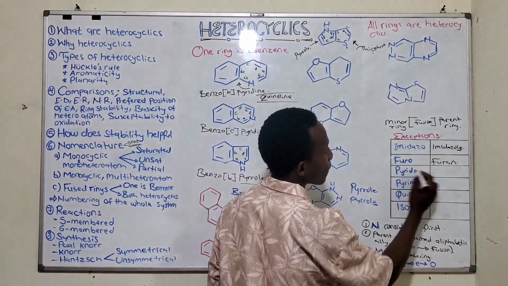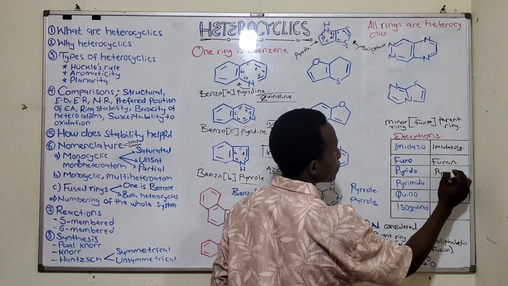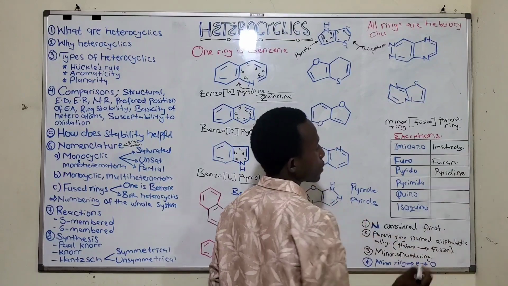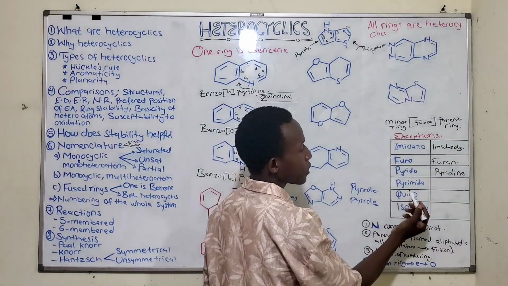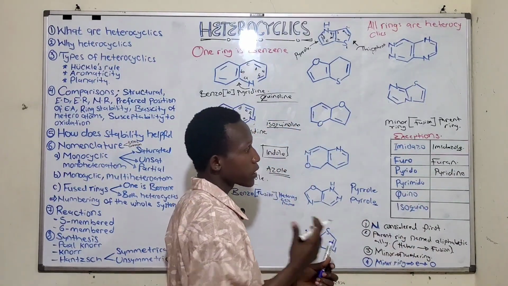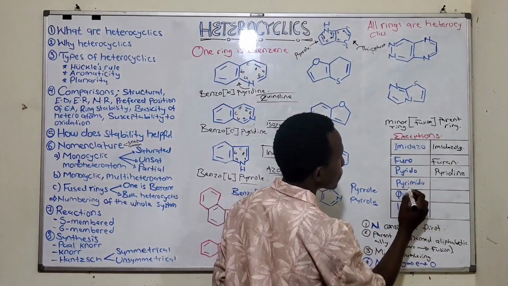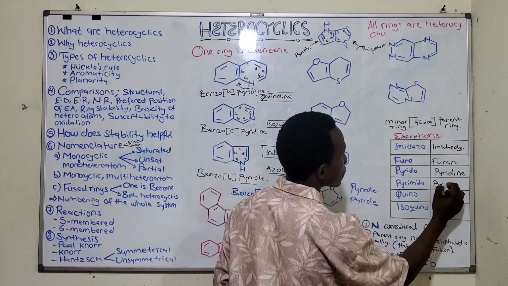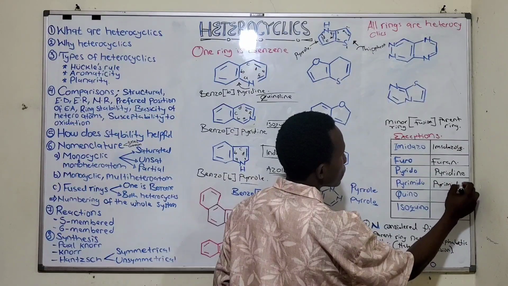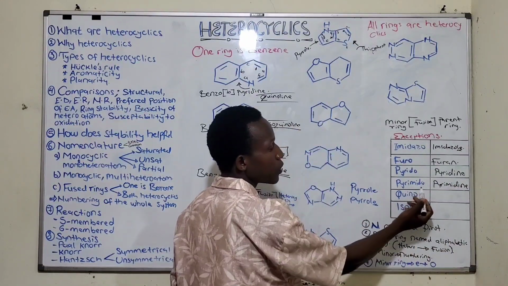This is pyridine, to be pyrido, in case they are the minor rings. We have this one, pyrimidine, will be pyrimido.